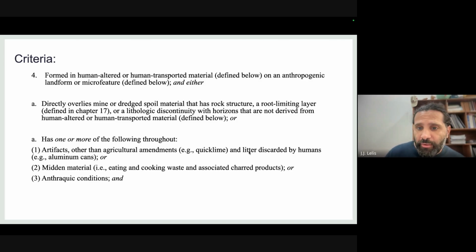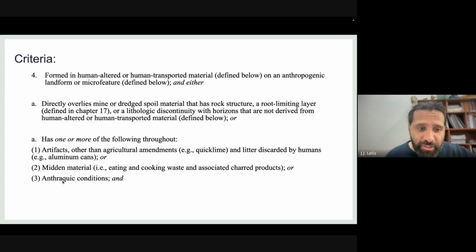And of course, not later discarded by humans. Or the other option is to register eating material, okay? For example, eating and cooking waste and associated charred products, something that expresses that that area supported humans at some time, okay? And another option is aquic conditions.